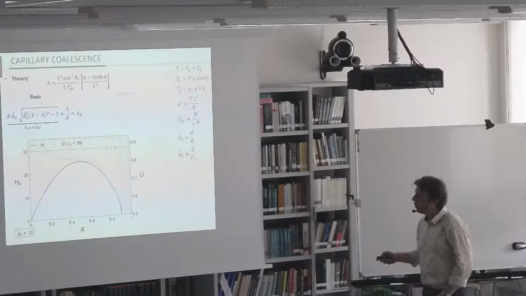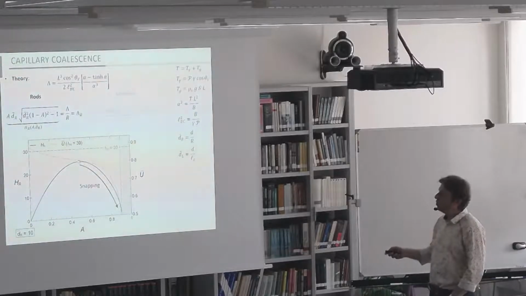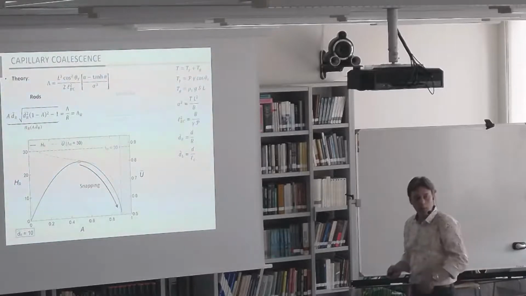And so what happens is that when you reach this critical value of the rescaled dry length, you don't have any minimum of the energy when you are larger, and you go from here to this local minimum. And so you go from this value of A, which is the deflection parameter, to contact, and so you have the snapping.